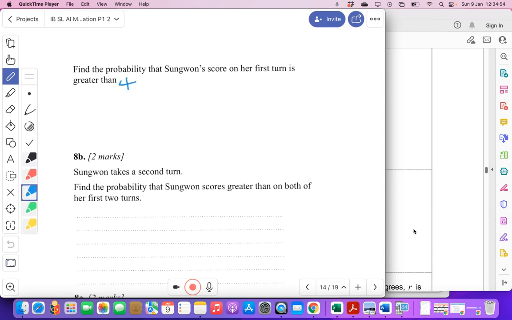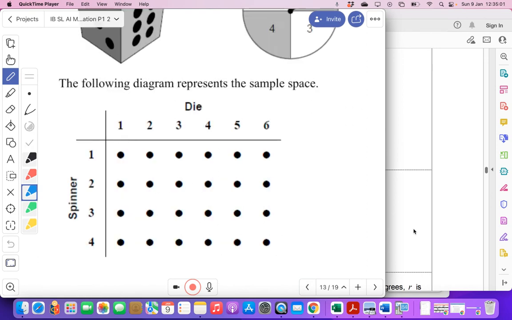Again, the sum of the 2 scores has to be greater than 4. We go back to the probability diagram. Anything down here, all of these possibilities give a score of greater than 4, or 5 or more. So I count those up and I get 18.